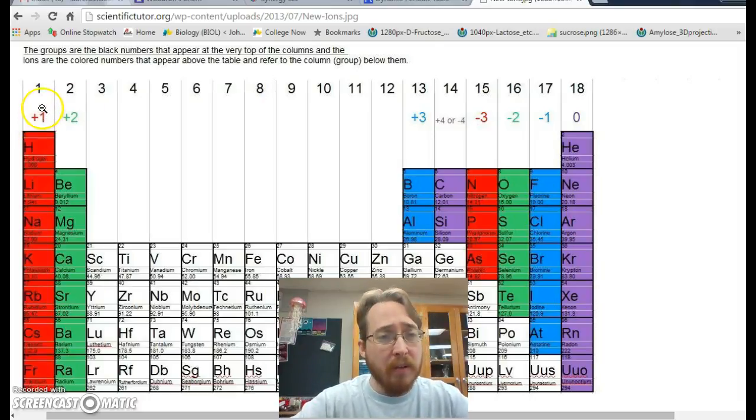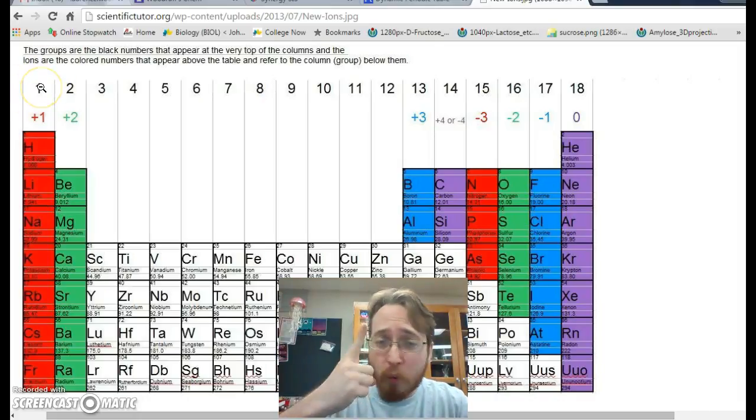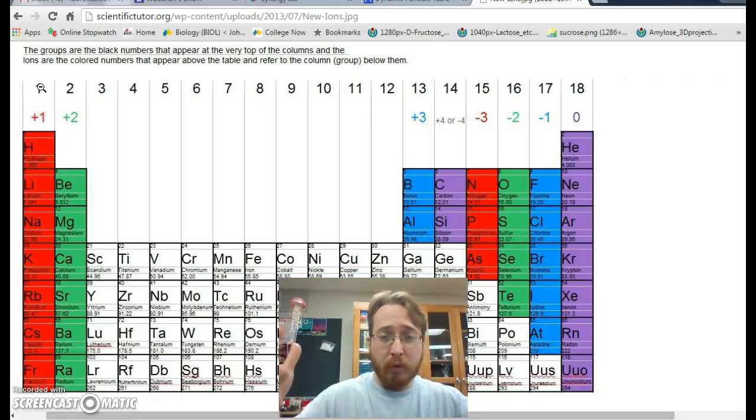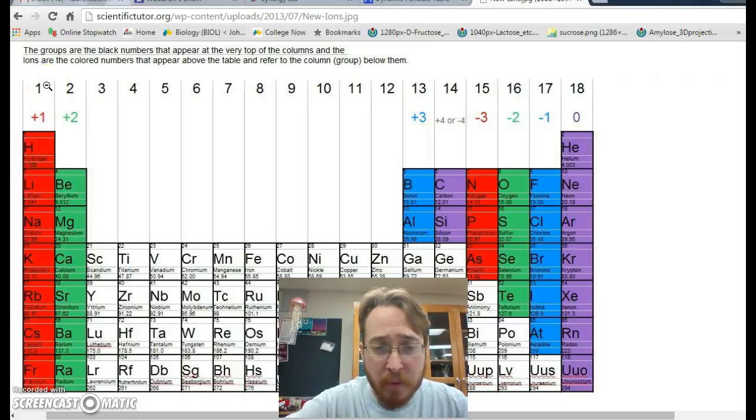We can do that because this group here has a low electronegativity. They will lose electrons. But since they only have 1 valence electron, they can only lose 1 before they get to a full shell. So they will all lose 1 electron, which means when they are done with electron transfer, they will have 1 extra proton compared to their number of electrons, so their charge will always be +1.